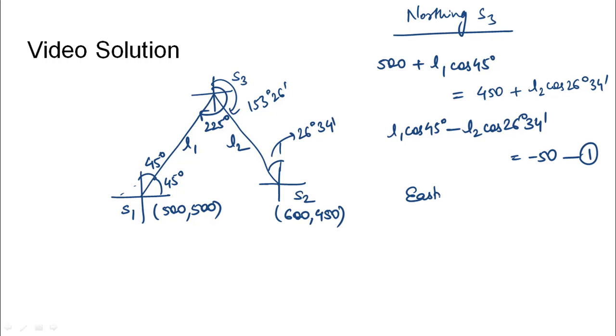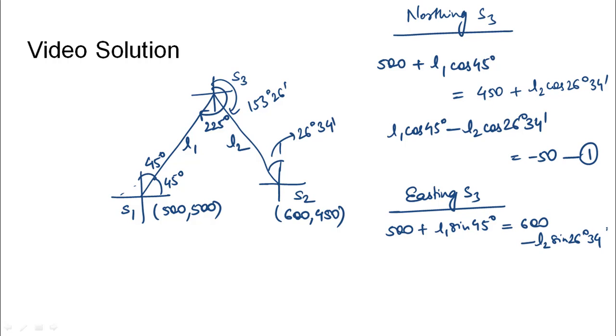Next we will compare the easting of the station S3. This gives us 500 from station 1 plus L1 sine 45 degree equals 600 minus L2 sine 26 degree 34 minutes.